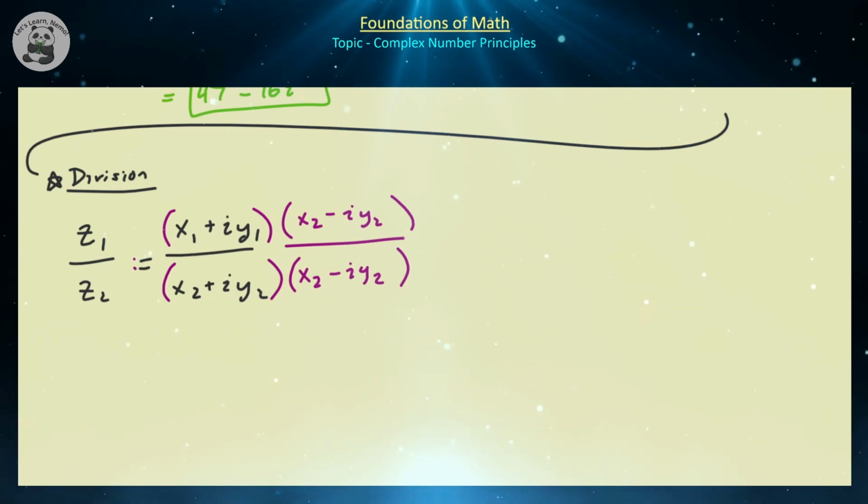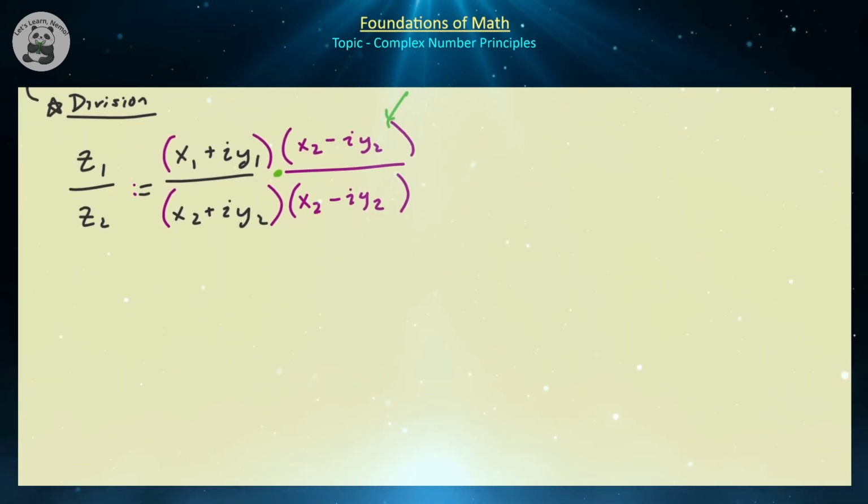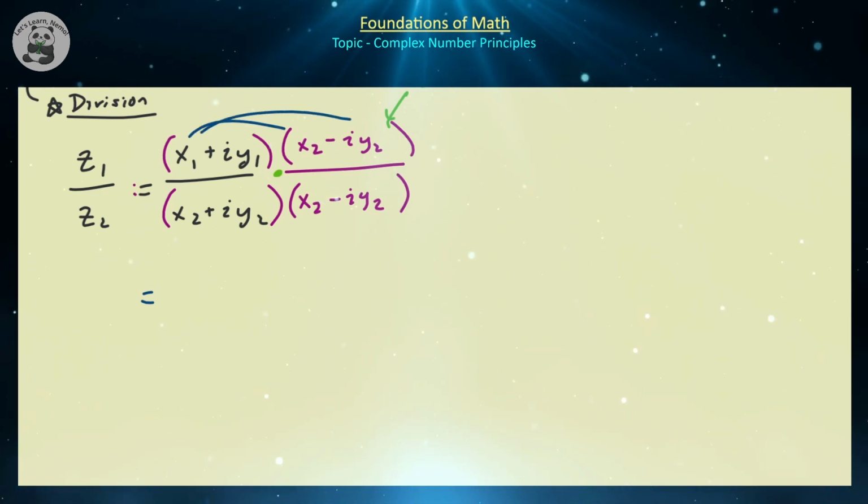Right? So we're just sort of multiplying by 1, which is not going to change the value, but you're actually going to see something very interesting happen here. So why do we multiply by this particular one? Why not multiply by the bottom, or multiply by the top, or multiply by 6, or something like that? We'll see. So we already know how to multiply complex numbers, and that's what we're doing in top and bottom.